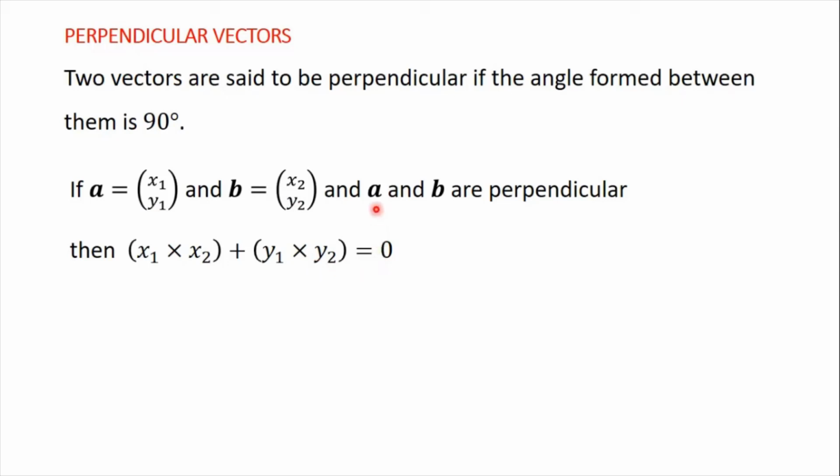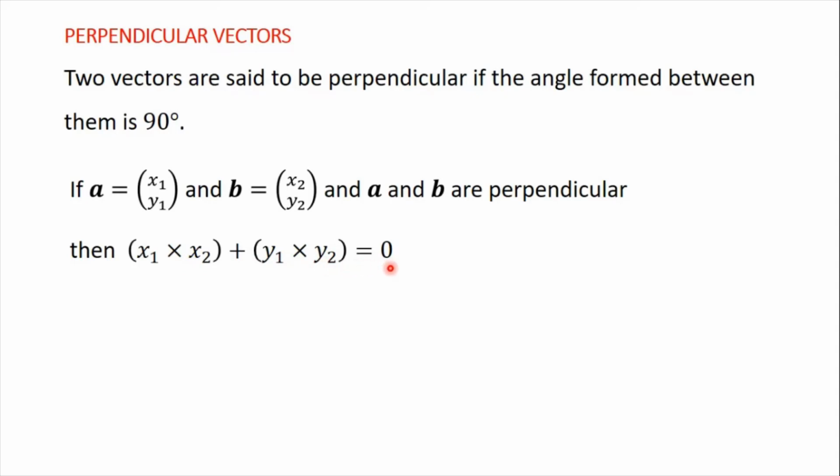So if two vectors are perpendicular, if you multiply the x components and you add it to what you get when you multiply the y components, you should get 0. So as you can see here, x1 times x2, which are the two x components, their product, plus the product of the two y components, y1 times y2. When you add these two products, you should get 0.